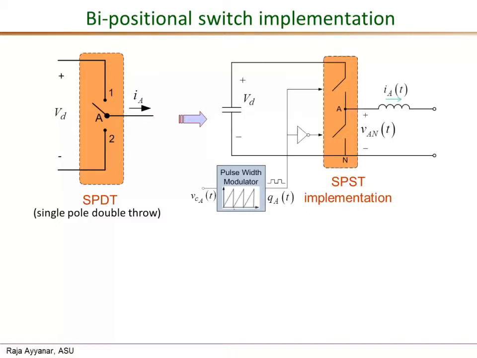Now, in all practical converters, it is a requirement that across the two positions of this bipositional switch we should always have a voltage, not necessarily a DC voltage source, but a voltage that is not pulsating. It's almost a constant DC voltage.